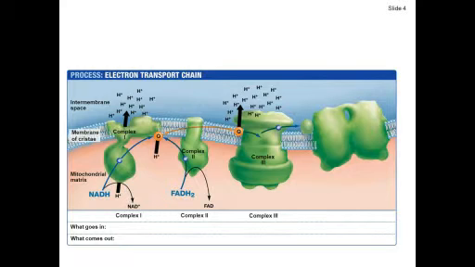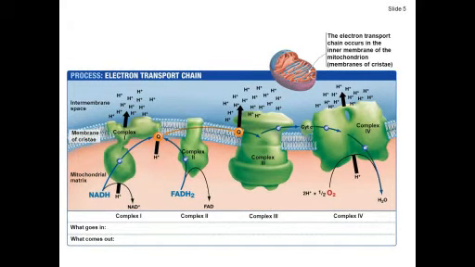When complex 3 accepts these electrons, it's reduced, and the intermediate molecule Q is oxidized. This transfer of electrons to complex 3 provides the energy needed to pump protons out into the intermembrane space from the cytosol.